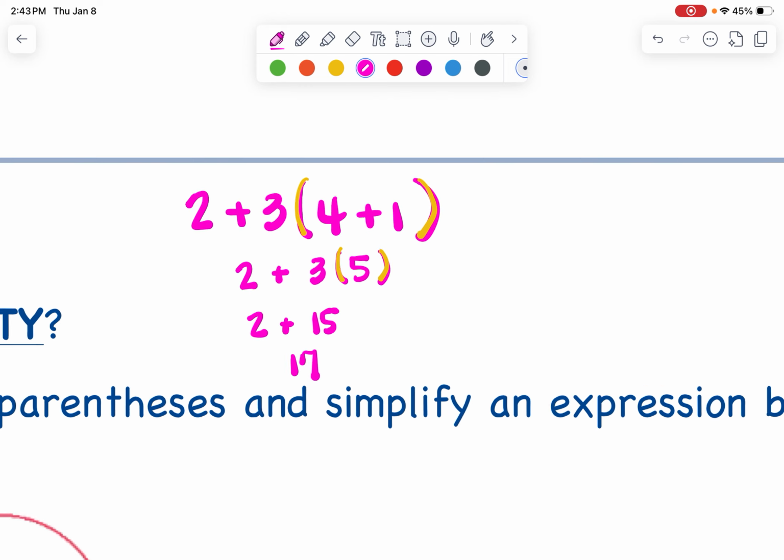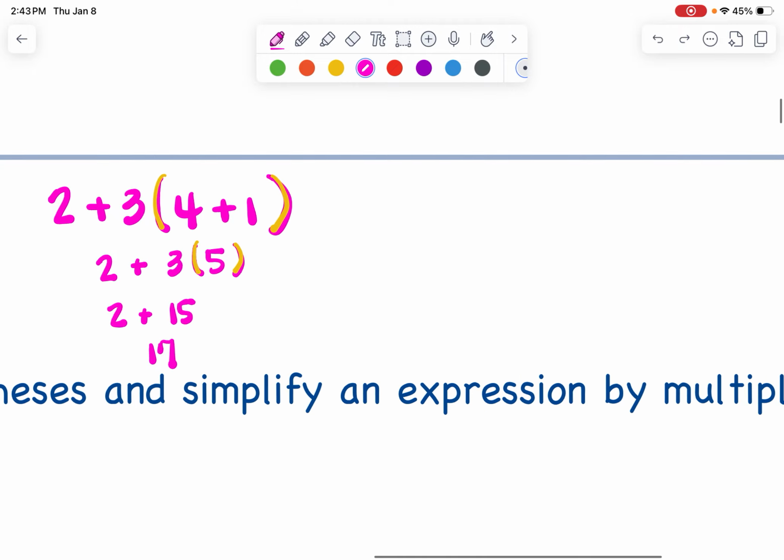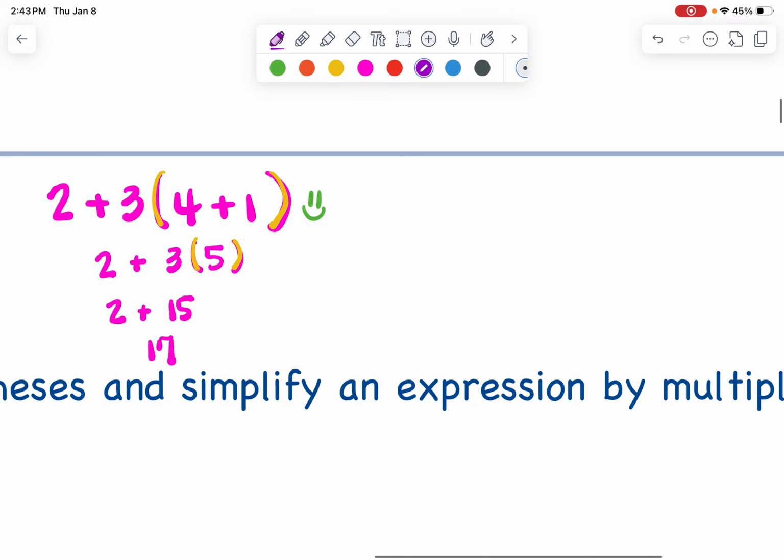So if you're lucky, you'll have stuff inside the parentheses that you can simplify. I'm going to put a little smiley face over here. That's an easy problem for us to do. But what if my parentheses were x plus 1 instead of 4 plus 1?